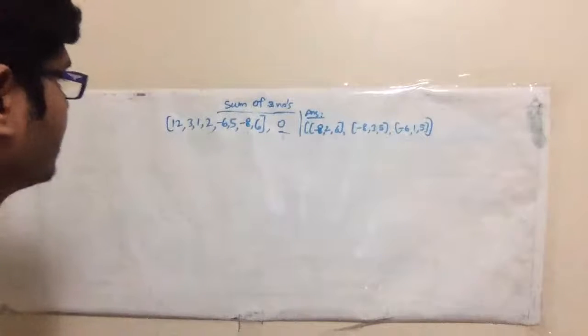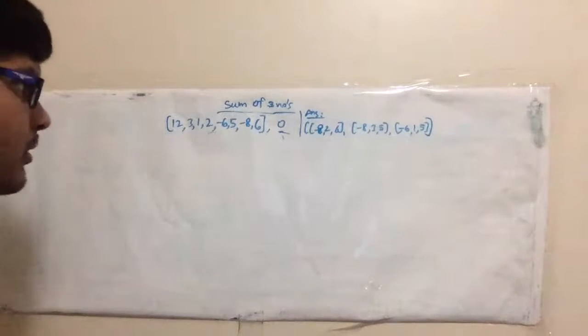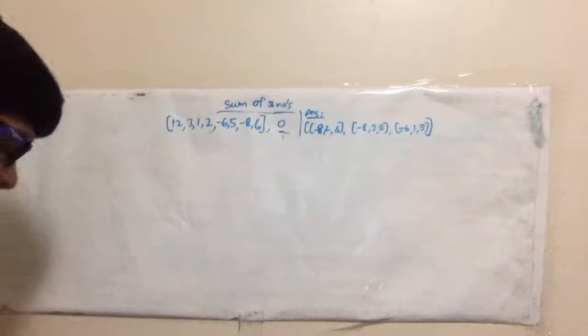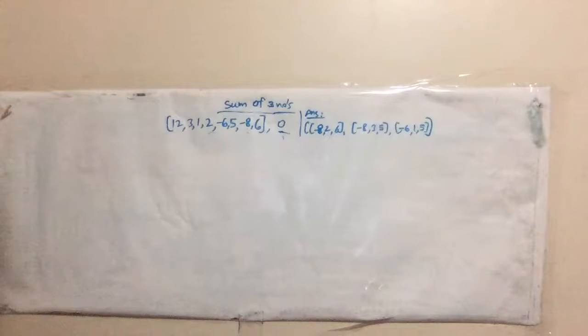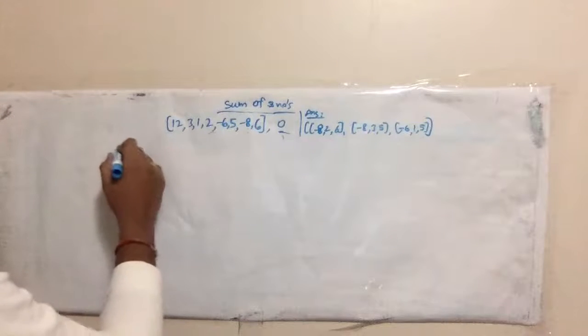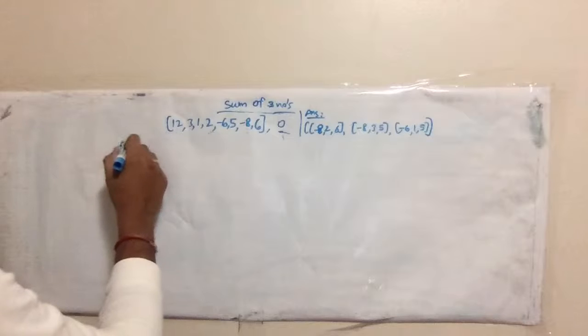Okay, so how will we approach this problem? The basic and naive approach is to iterate with three for loops.